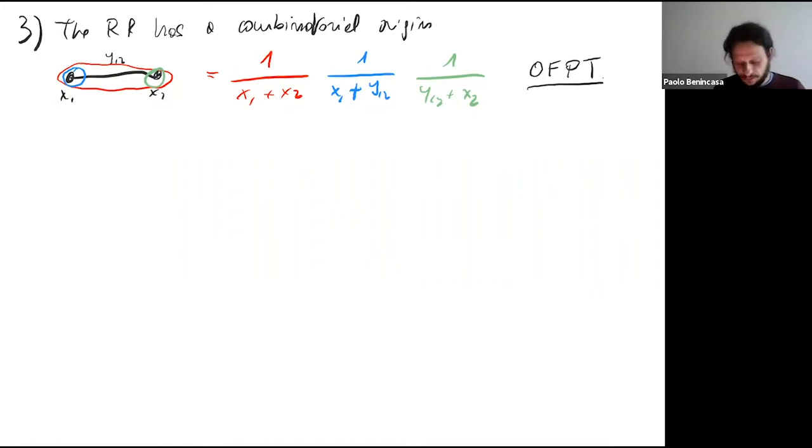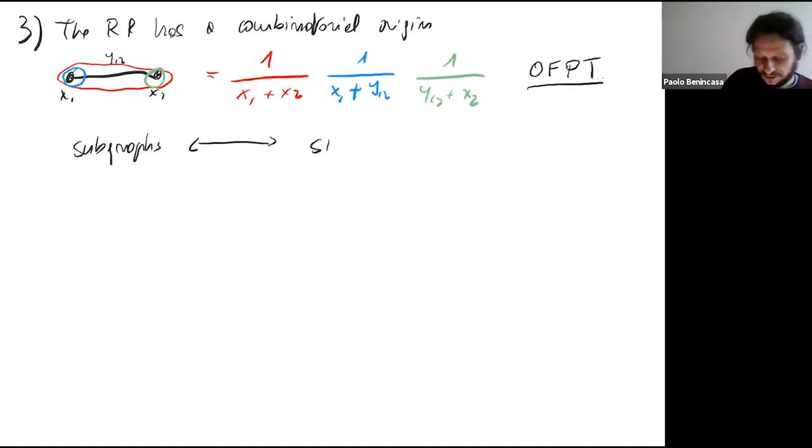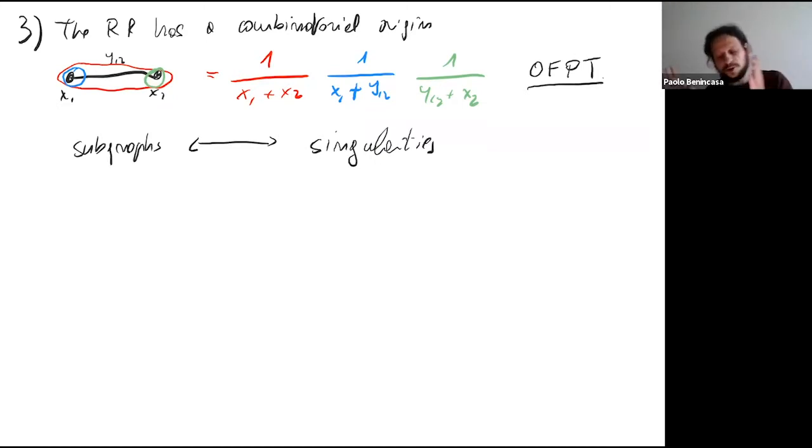Now, there is an important point that I want to highlight here that I'm not sure went through yesterday: there is a correspondence between subgraphs and singularities, which is to say that to each subgraph corresponds a singularity of the wave function.